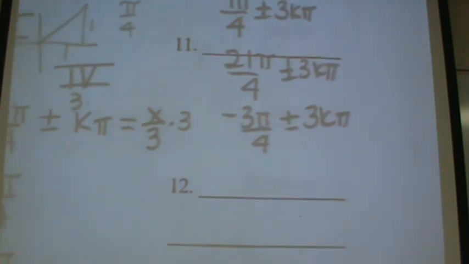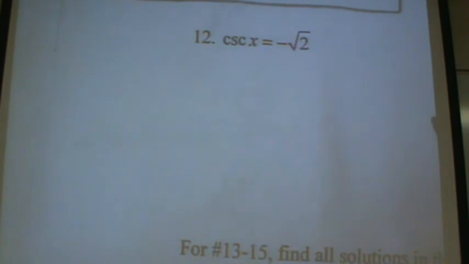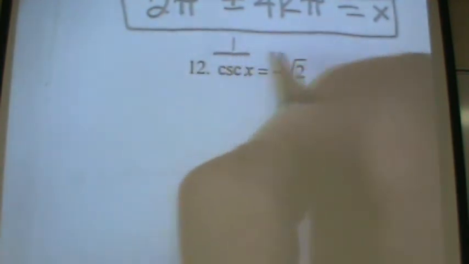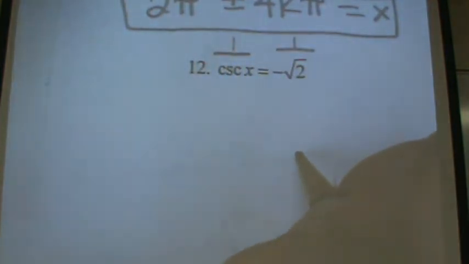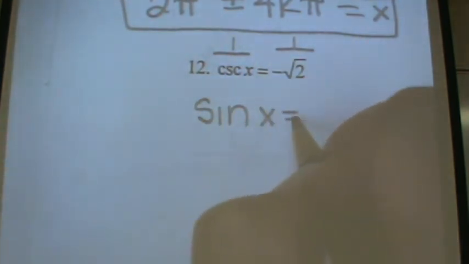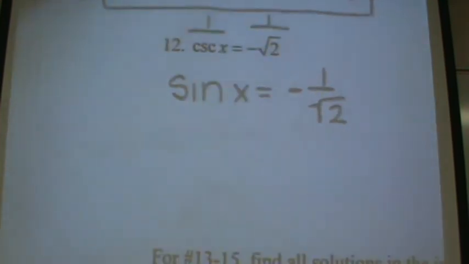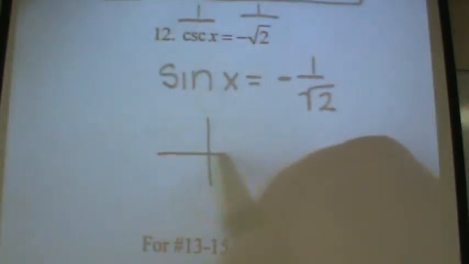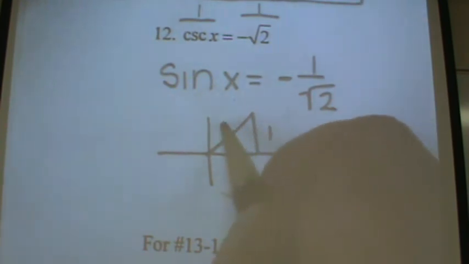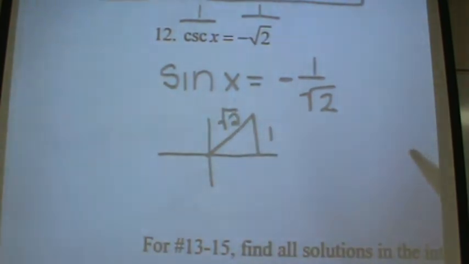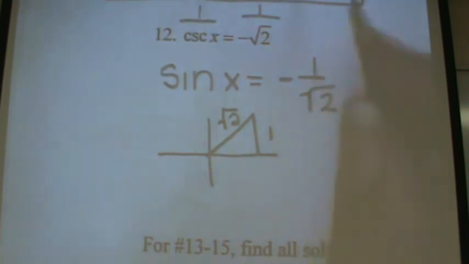Okay, this next one, I tried to make it simple. What do we do with cosecant? 1 over. What's another name for 1 over cosecant? Okay, what angle am I? Well, if I were positive, I would be a 45-degree angle, right? But I'm negative.